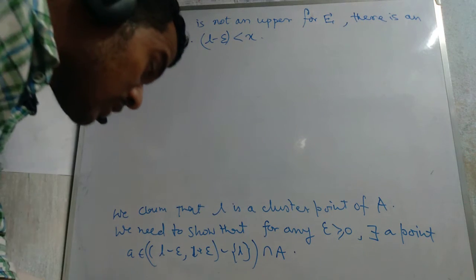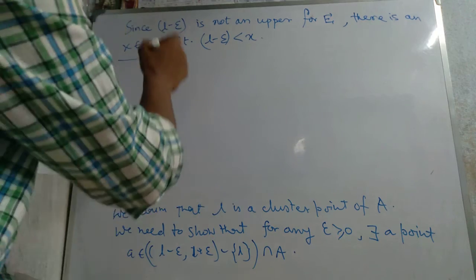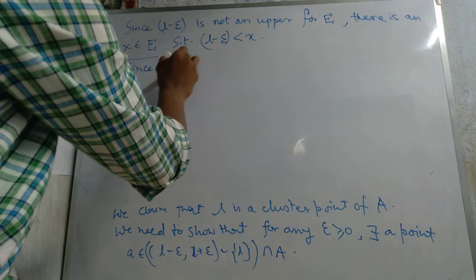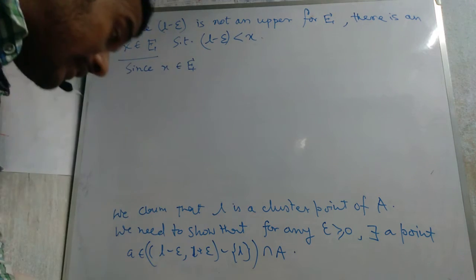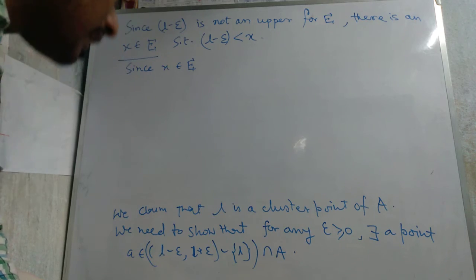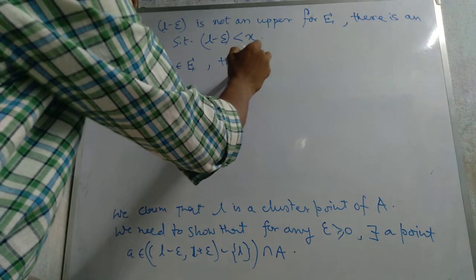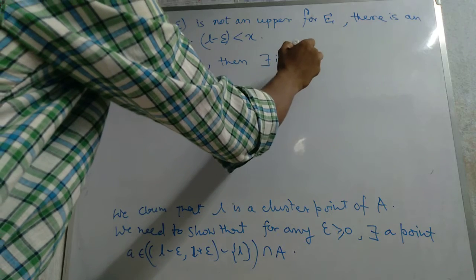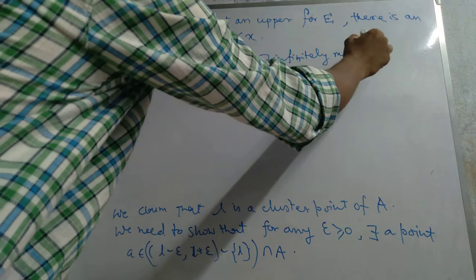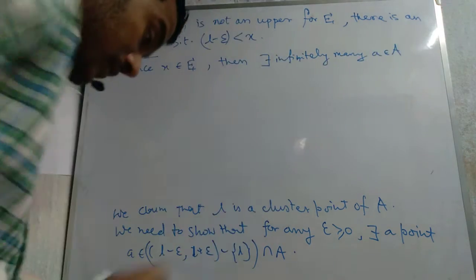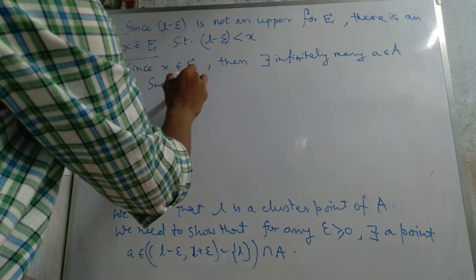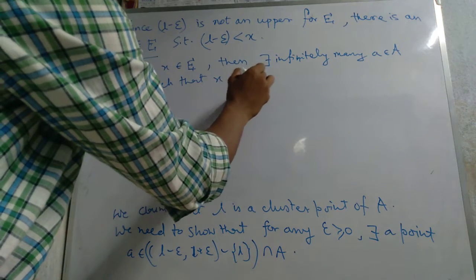Next we show that since x belongs to E, there exist infinitely many a belonging to A such that x ≤ a.